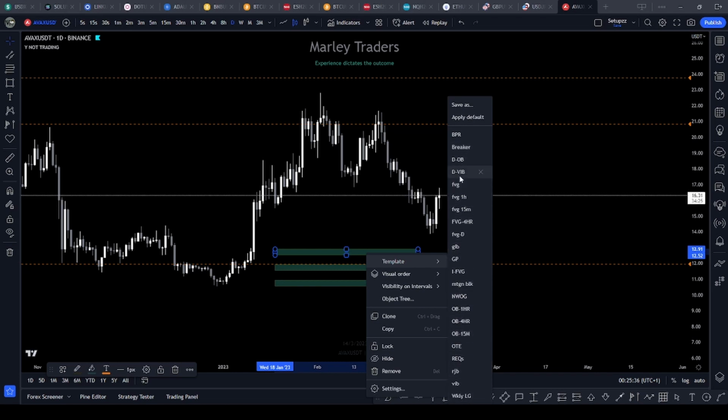track of. This balance price range, a breaker, it could be a bullish or bearish breaker, daily order block, daily volume imbalance, fair value gap, 1 hour fair value gap, 15 minutes fair value gap, 4 hour fair value gap, daily fair value gap, gap imbalance, golden pockets. Yeah, it's from when I was doing retail stuff.